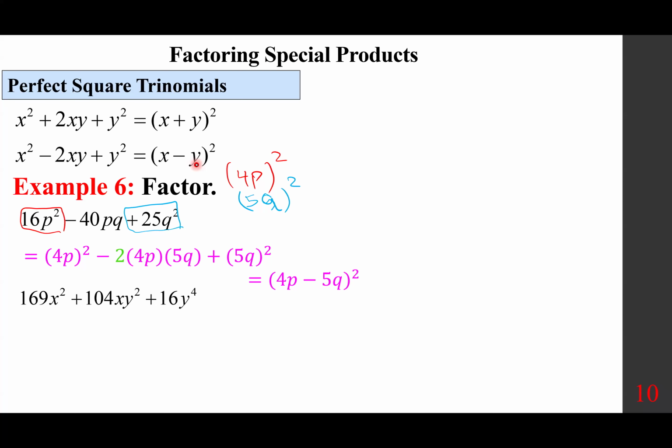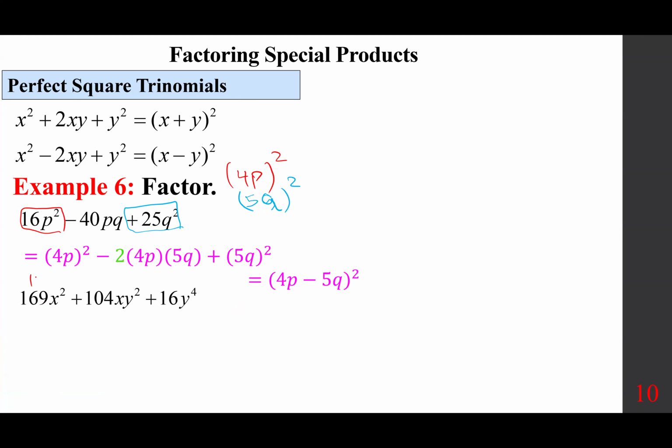We look at the next one, and the same thing happens. First, we are looking for a common factor, a GCF, it doesn't exist. Then we look at 169. It's a perfect square of number 13. So therefore, this is 13x quantity squared. Let's make a note of it.